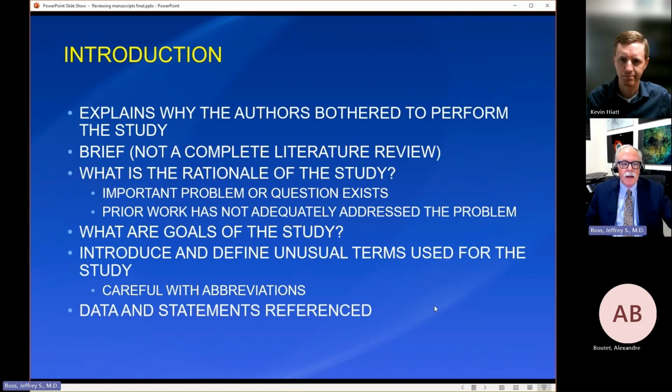The intro: you need to hit the reader with why you're doing this in the first place. Why are you bothering me with the time I had to take to read this? Why is this important? It should have a not complete, but a brief review of the literature as to why this is important. What's the rationale? Are there goals? Introduce unusual terms.